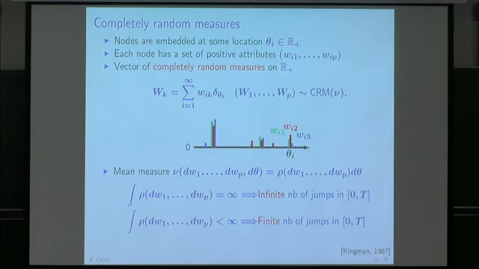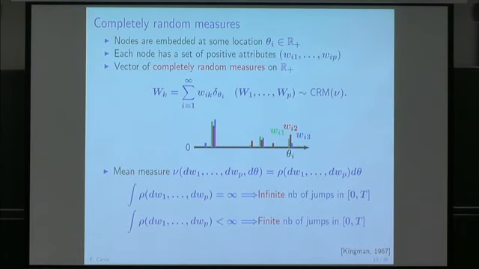The key point is that now I want to define a model on the locations theta i and those positive attributes. I will model those by the use of a vector of completely random measures on R+. I will consider random measures wk, which are the sum from i equal 1 to infinity of wik delta theta i. So I've represented here a vector of completely random measures: at location theta i, I've got a vector of attributes wi1, wi2, wi3.